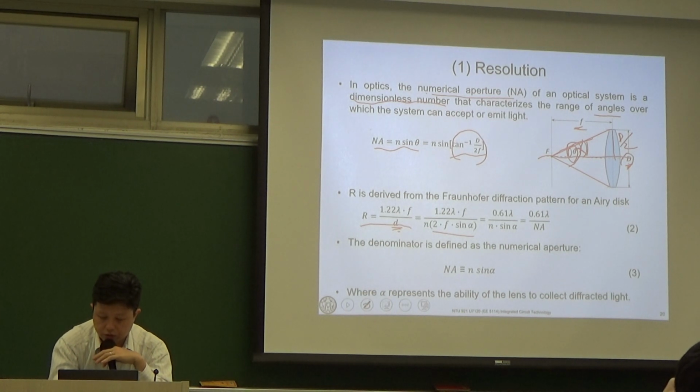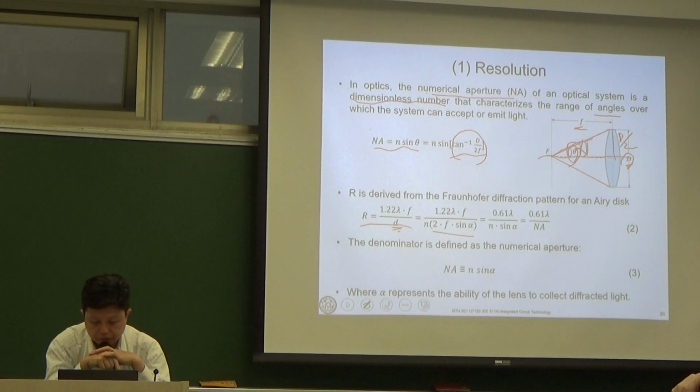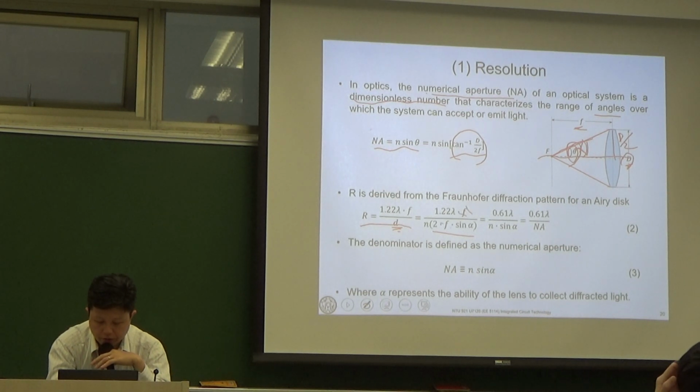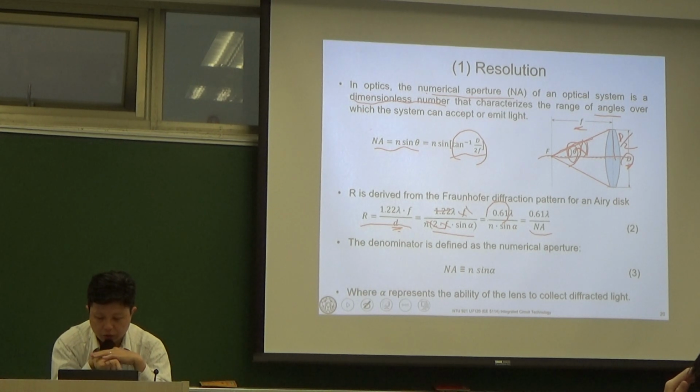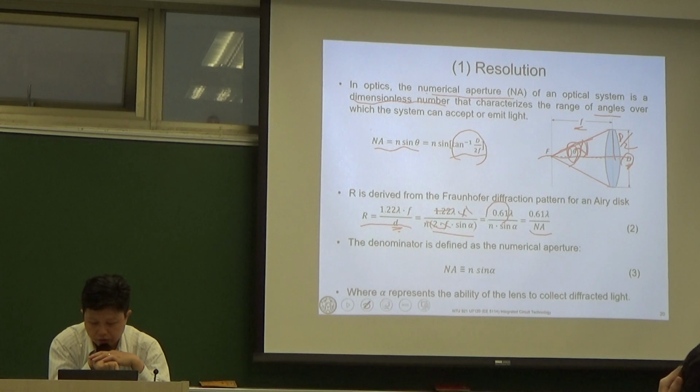This alpha is the theta here. So the radius becomes 0.61 lambda over n sine alpha, and this n sine alpha is the numerical aperture, by the definition that we explained earlier.